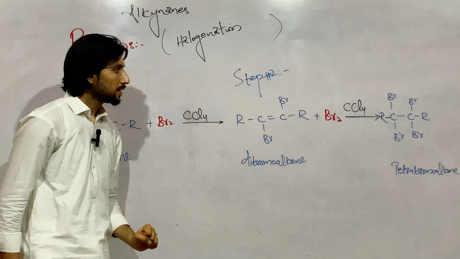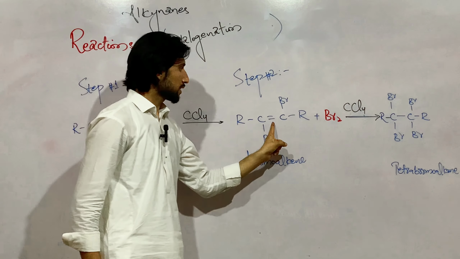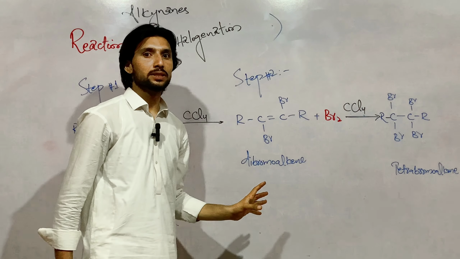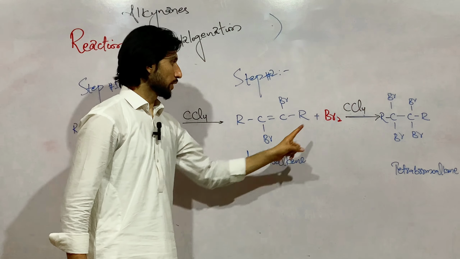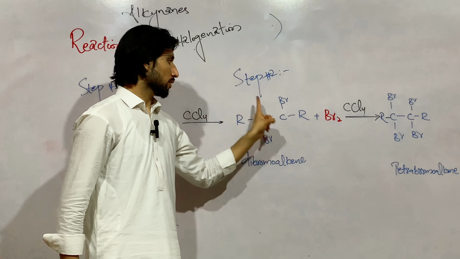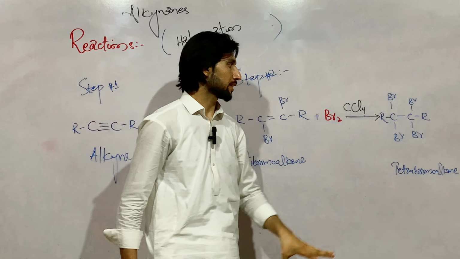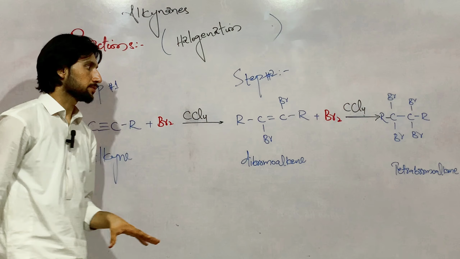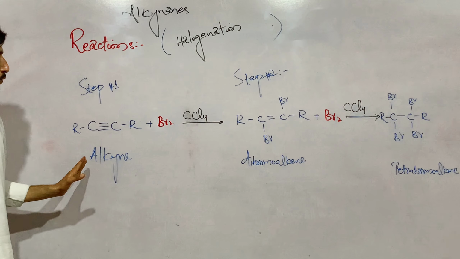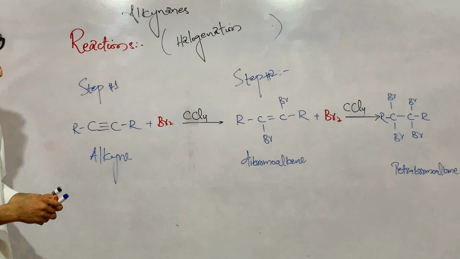Trans-dibromoalkene is formed here. Then again, this unsaturation adds another bromine molecule. One bromine at one carbon and another bromine at the other carbon, and we see tetrabromoalkane is our product. So this was a two-step reaction.